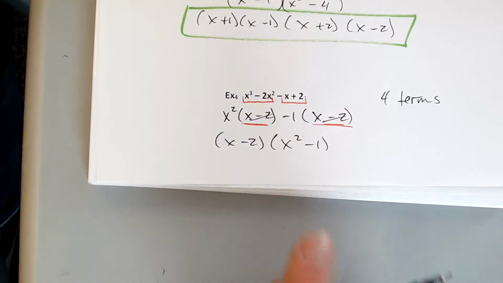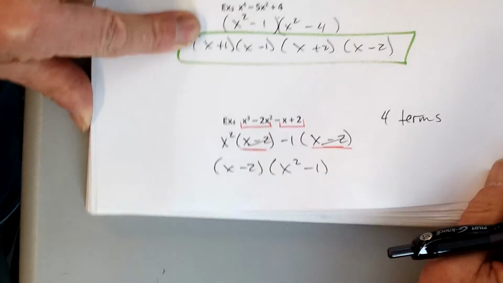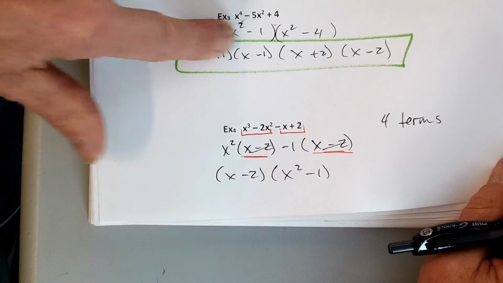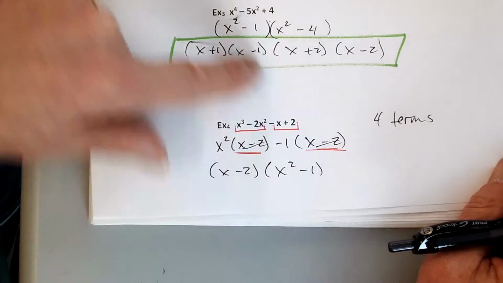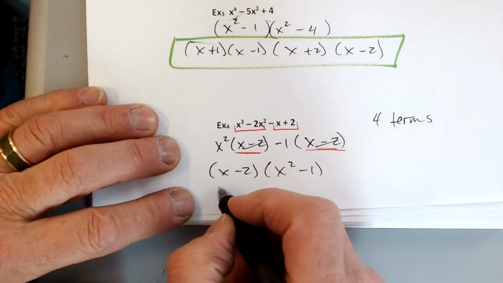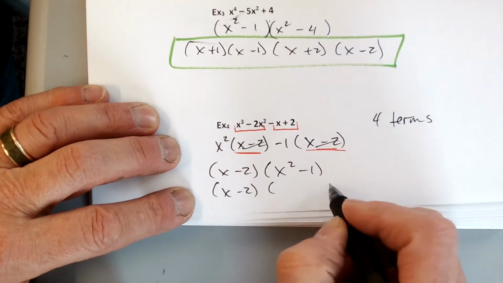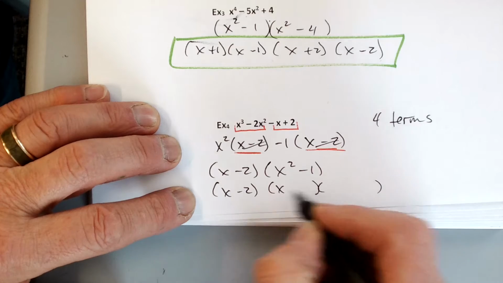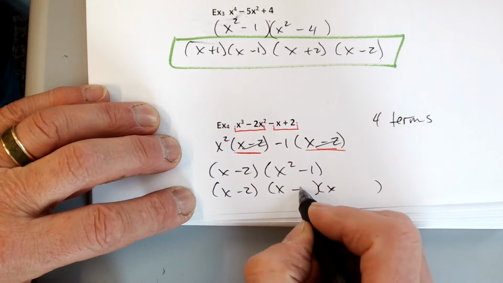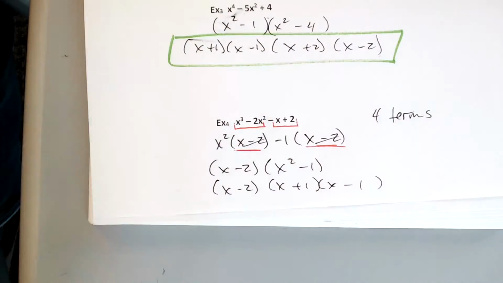Oh, wait a minute, we can do that again. In fact, we just did the same thing up here. So we do that part again, the exact same way. So I see that x squared minus 1 can be x minus 1 times x plus 1.